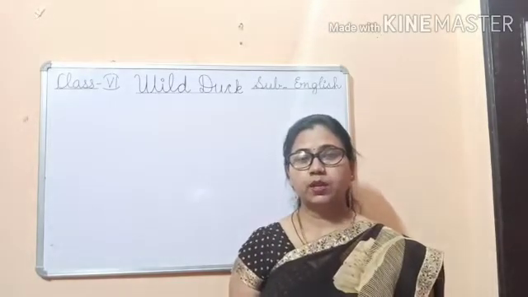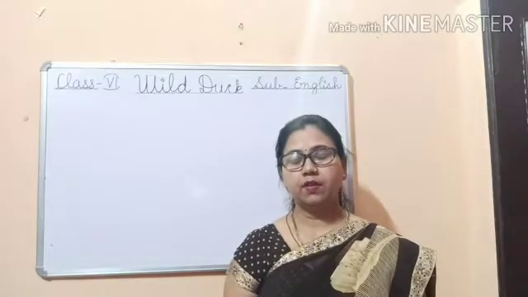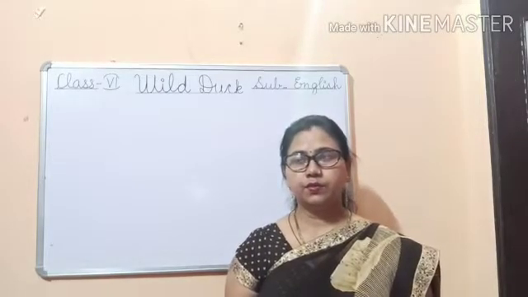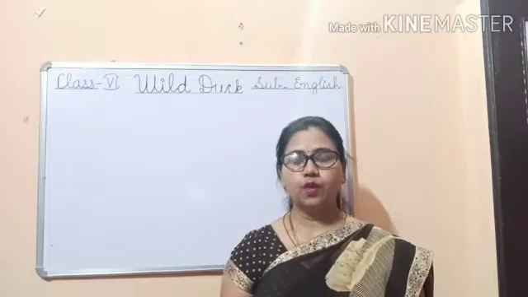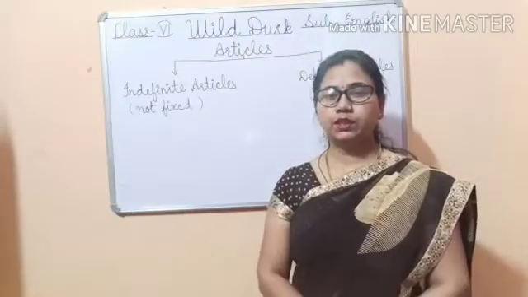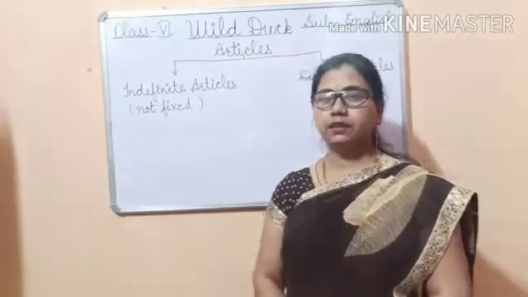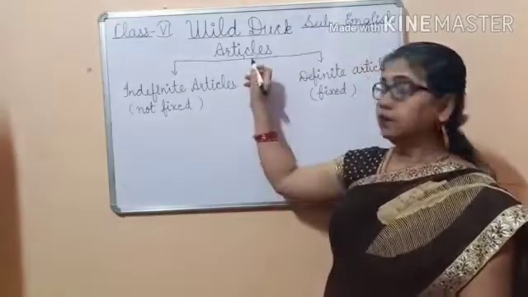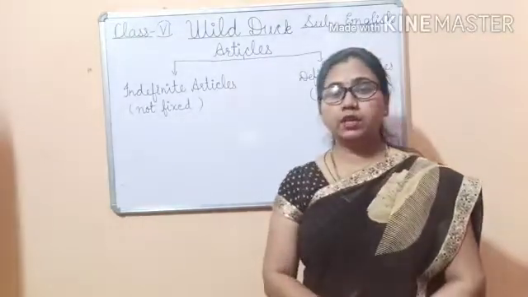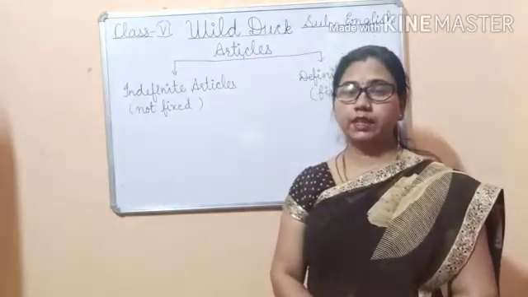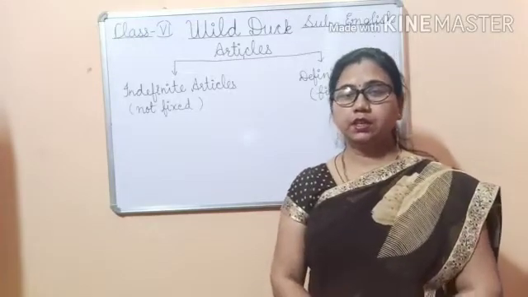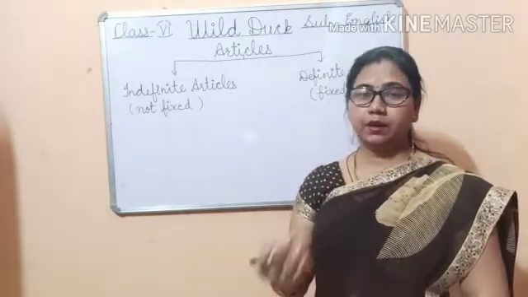So let's start our chapter, and first we have to know what is 'the'. What is 'the'? 'The' is an article. In your earlier classes you have already studied what an article is.